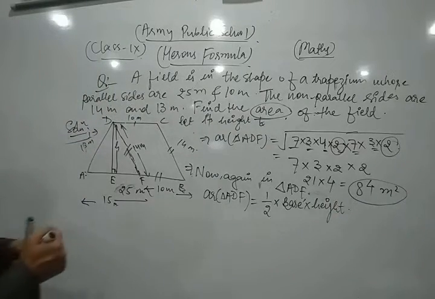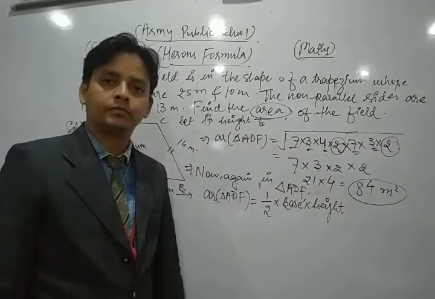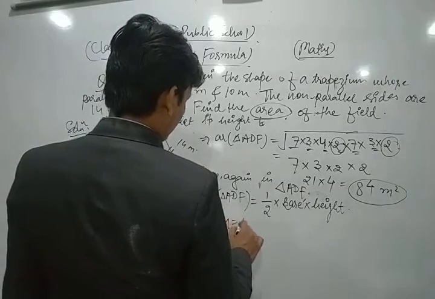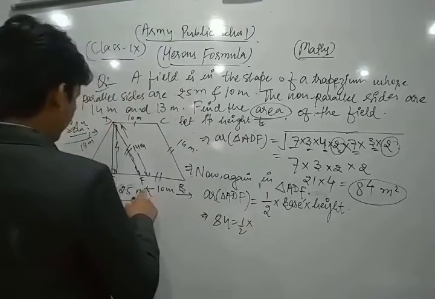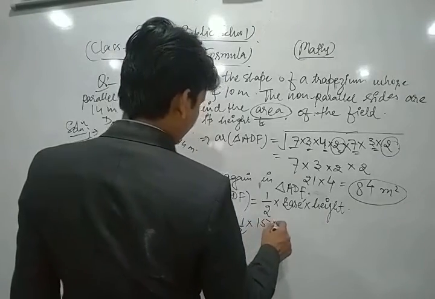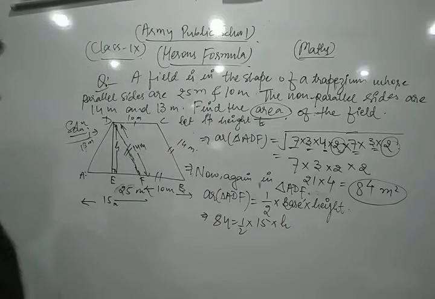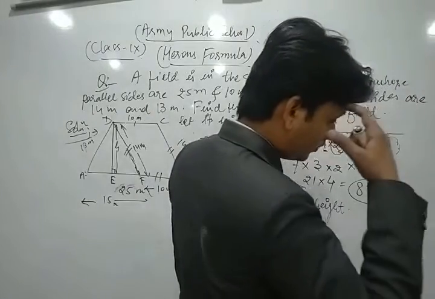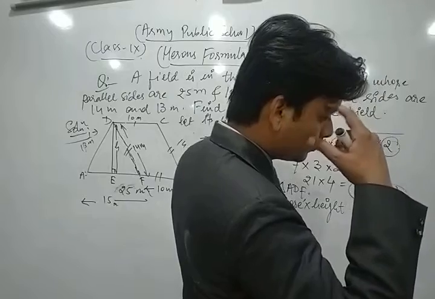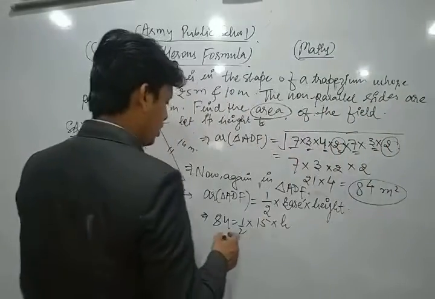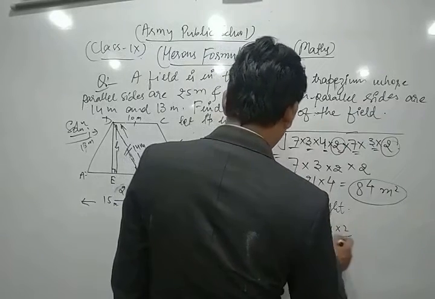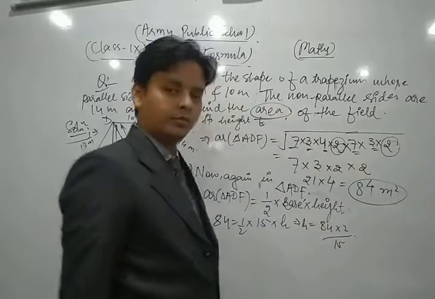Dear student, you know that we found the area of triangle ADF is 84. So here we put 84 is equal to 1 upon 2, base is 15, and height, which we find here. So now from there we find height. So h is equal to 84 into 2 upon 15.